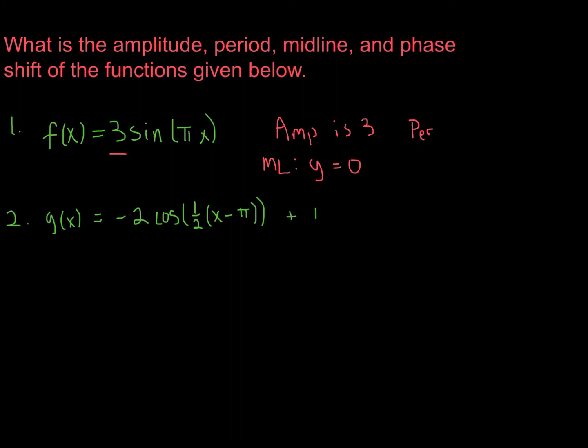Notice the b value is what we're multiplying x by, and so we have a period of 2 pi over pi. Pi over pi is 1, so our period is 2. And the phase shift, well, there is none, because there's no h value. H is 0. None. All right, so using this as a baseline, go ahead and complete the second one, and then there's one more problem for us to look at.